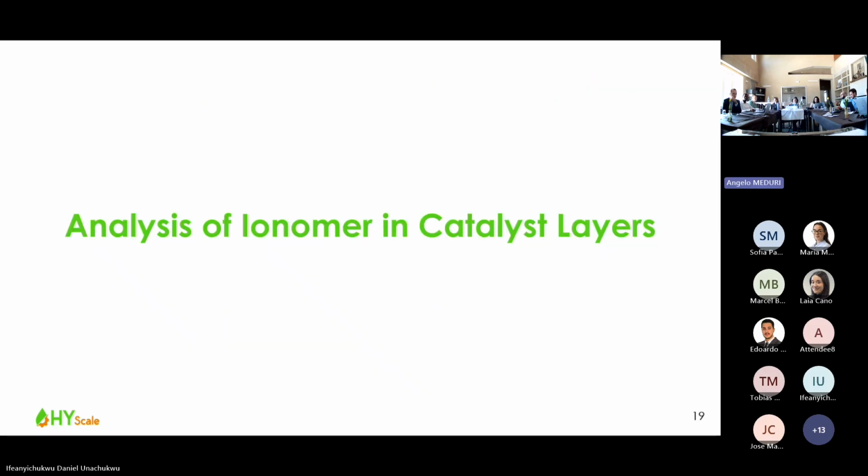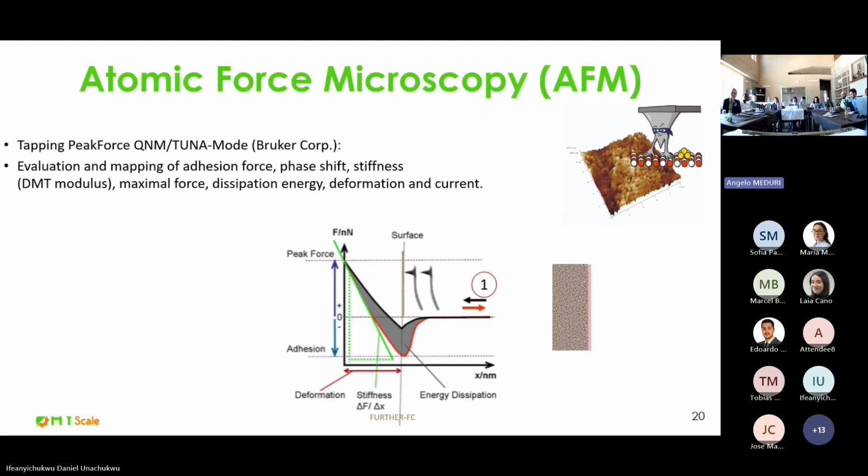Okay, then to the last topic, the analysis of the catalyst layers. I want to show you mainly one method, atomic force microscopy. I think most of you have heard of it, but if not, still a small introduction. You do force separation curves on, let's say, 1 micrometer, 1024 or something like that, separation curves.